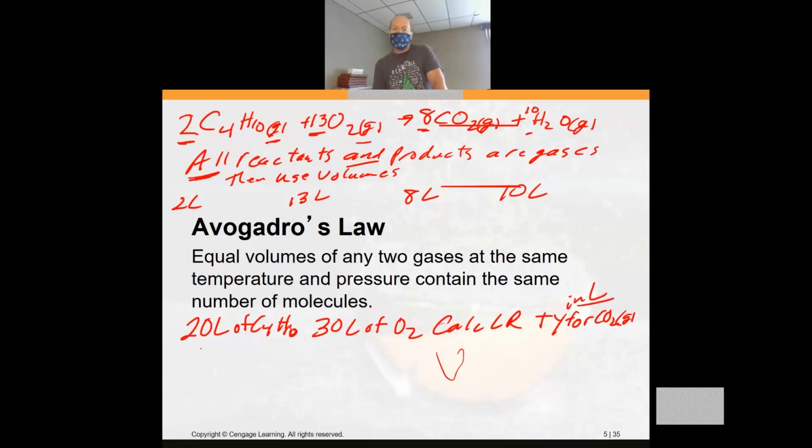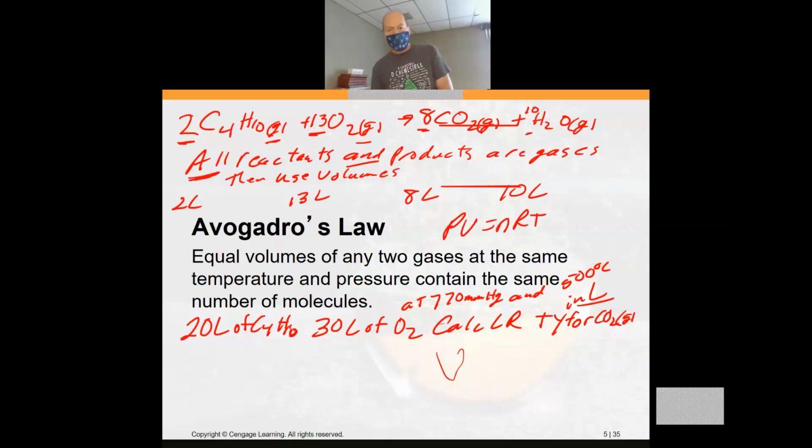If they gave you, they could say, let's say 770 millimeters of mercury and, I don't know, 500 degrees Celsius, some temperature above 100 because water is in the gaseous state. So you have enough information to use PV equals nRT and convert everything into moles.